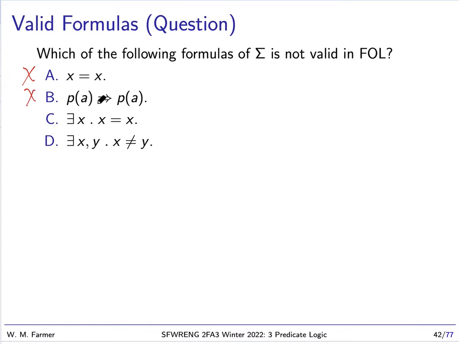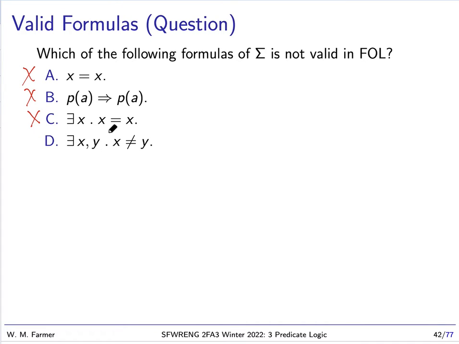This is also valid because no matter what value I assign to P and A, this is going to be true. Because if this is true, then this will be true. And if this is false, it doesn't matter, the whole thing will be true.